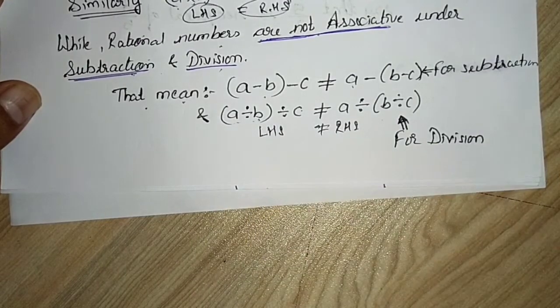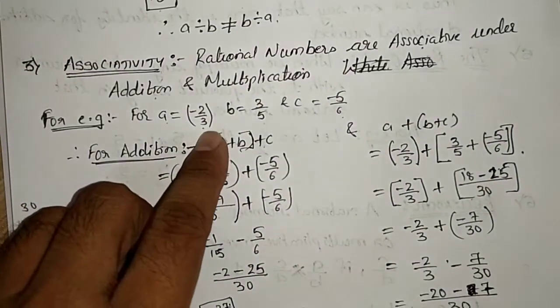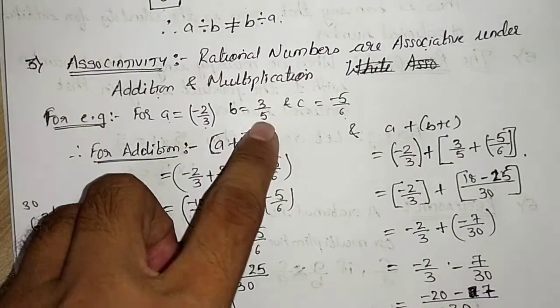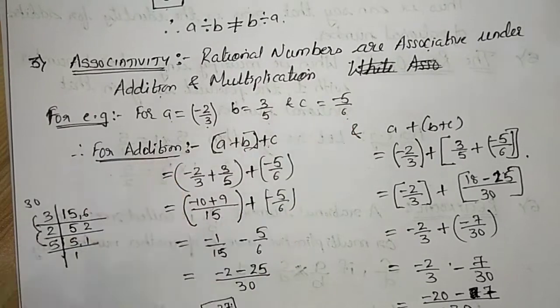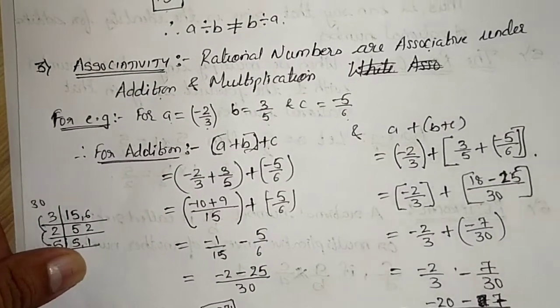You will get this answer. Please try it yourself with this example, that is A is equal to minus 2 by 3, B is 3 by 5, C is minus 5 by 6. You can take any example, students, but as I have solved for addition, you can try it for subtraction and division, and you will see that rational numbers are not associative under subtraction and division.